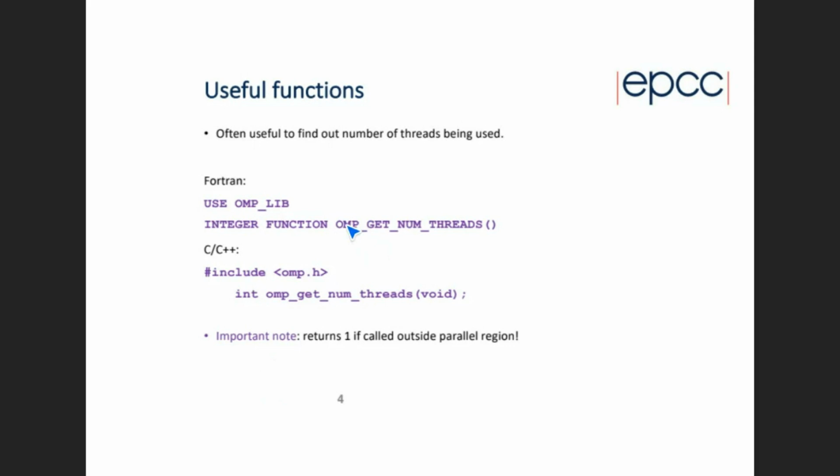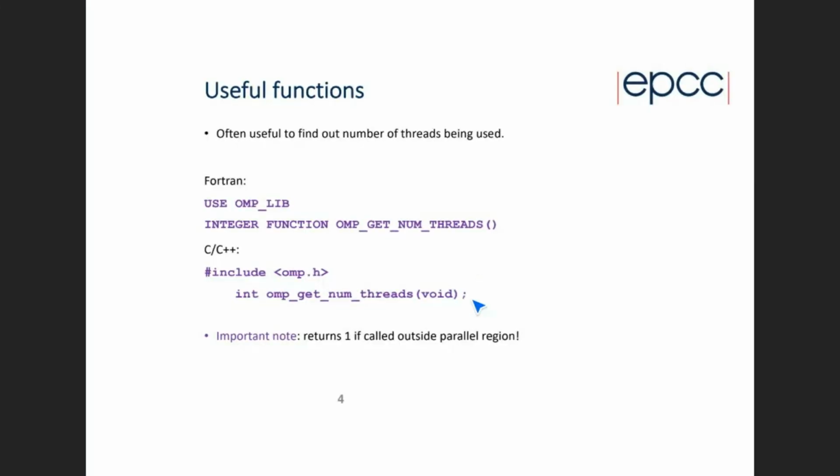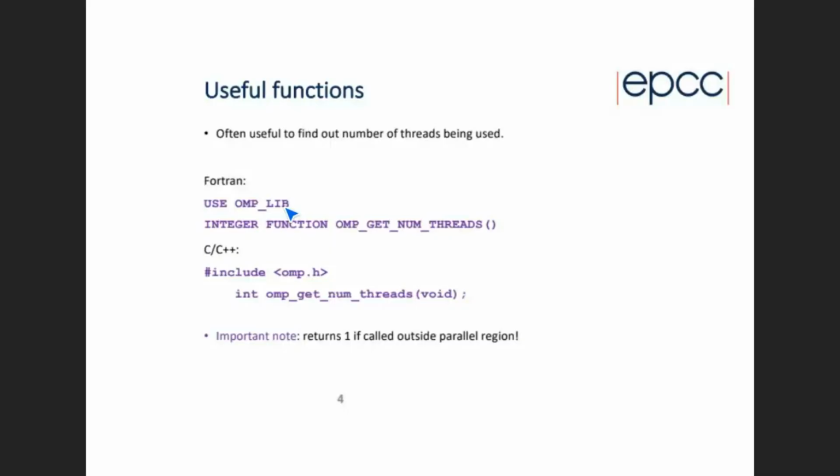So in Fortran, it's omp_get_num_threads, which returns an integer. Same in C or C++. This is a good point to introduce how to use the library functions. These are defined by the specification; they are not compiler dependent.